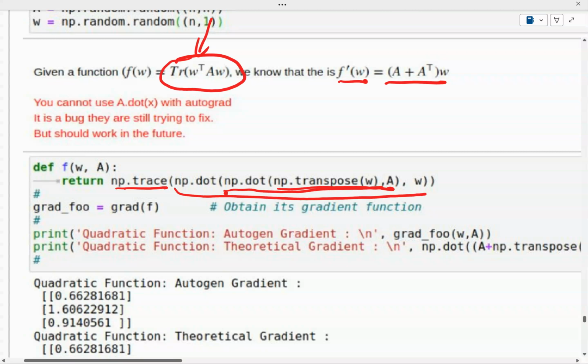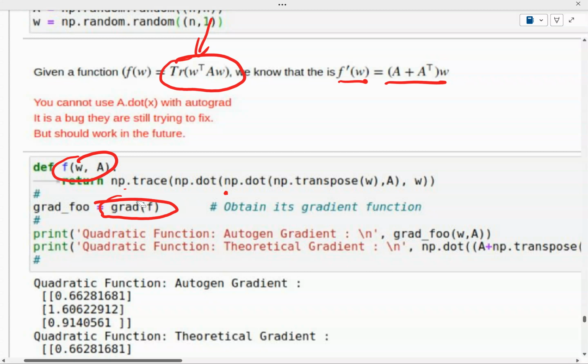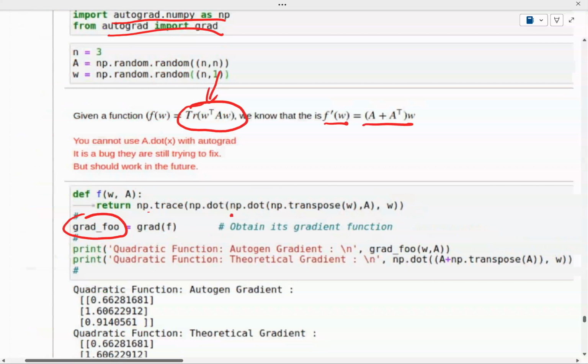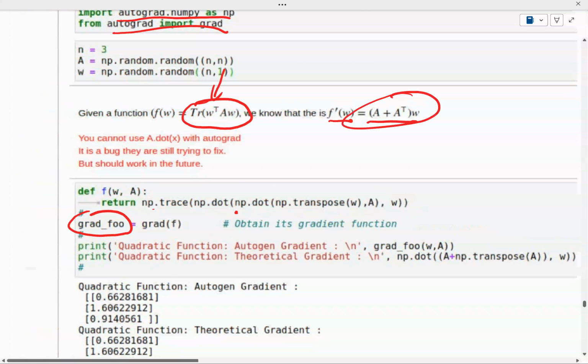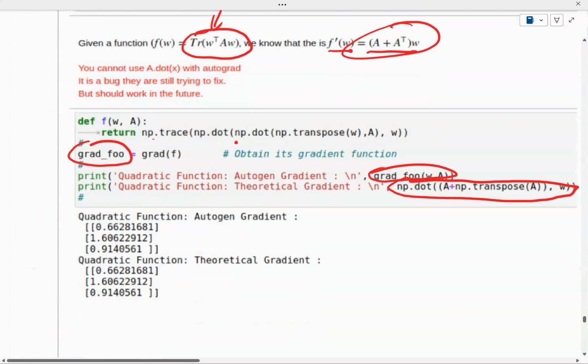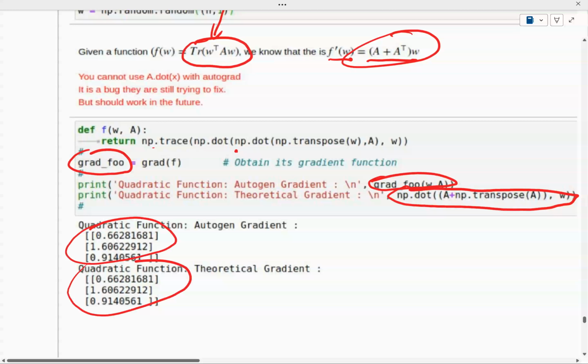And then once you have the function, you can define the grad function. So this is the Python version. And we know the derivative is equal to this. So I print out the derivative of the Python version and the derivative of my own version, and you can see that the gradient is exactly the same.